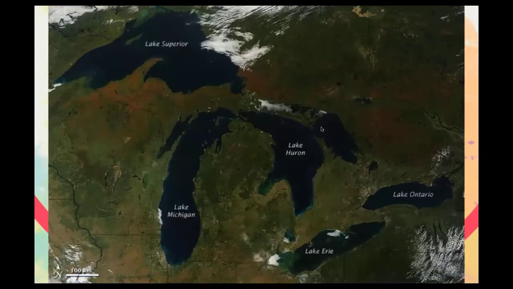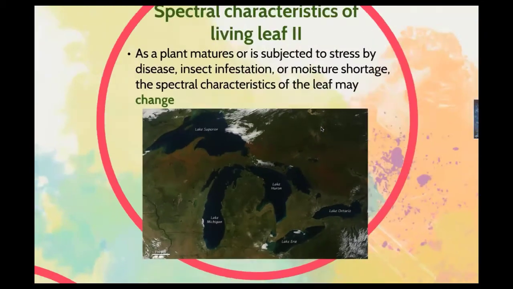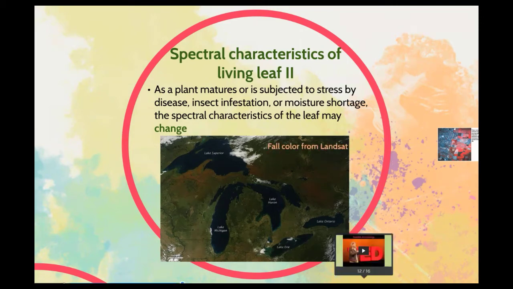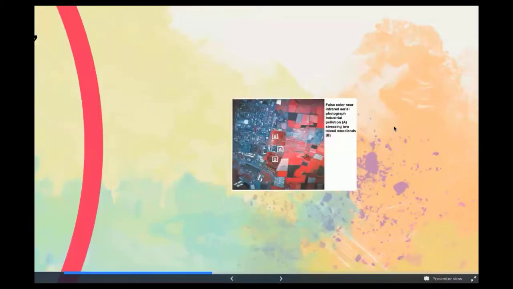This is a mosaic image from Landsat showing the fall color near the Great Lakes area, basically to show you the seasonal change. If you're analyzing a fall season image, your green portion won't be as high. So there are a lot of seasonal factors that may contribute to the variations in spectral signature.